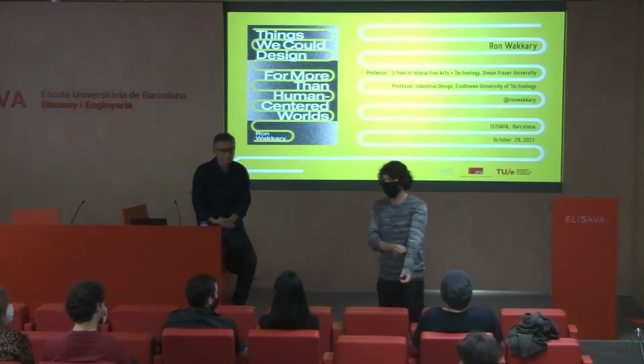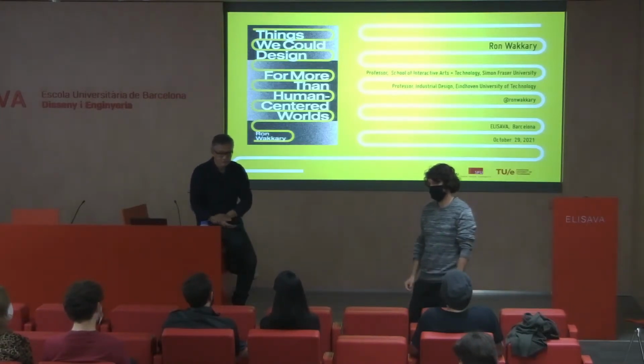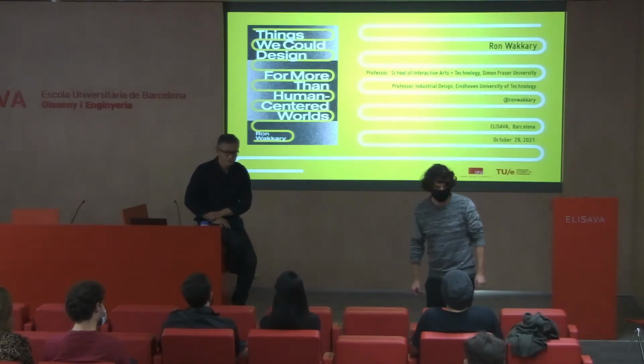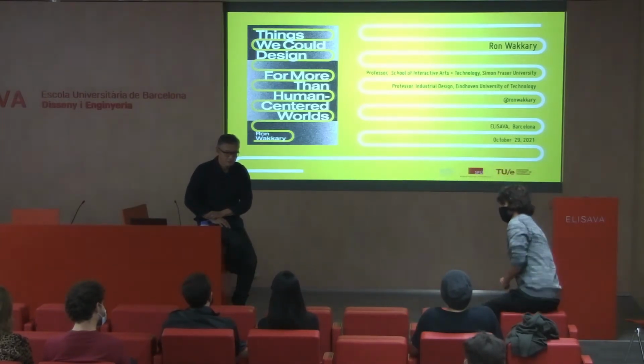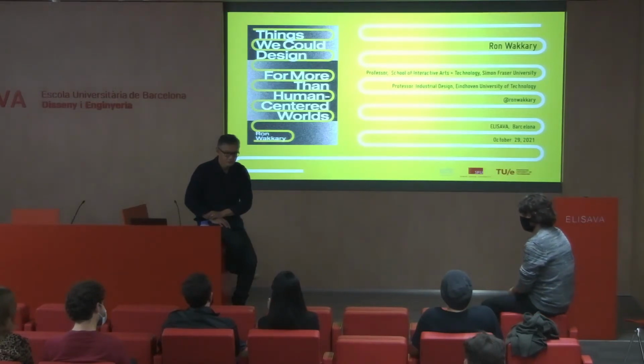Thank you for the talk. I think the ideas are very important and necessary. And I have two questions. The first one is, with the example of the street light that's designed for people that are looking at cell phones, a bit of it feels reactionary.